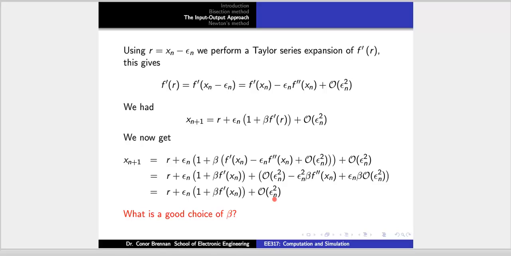And if epsilon n is small, say 0.1, epsilon n squared is much smaller. And we're squaring the error at every step. So it means once we get close to the root, doing this process is going to be really good because it's going to accelerate towards the root very, very quickly. Okay.